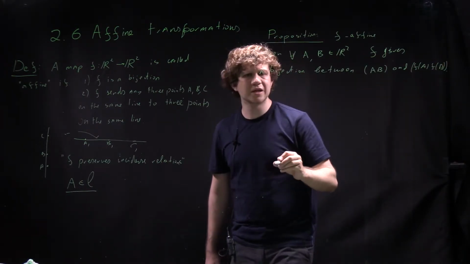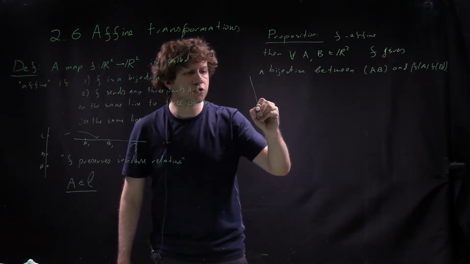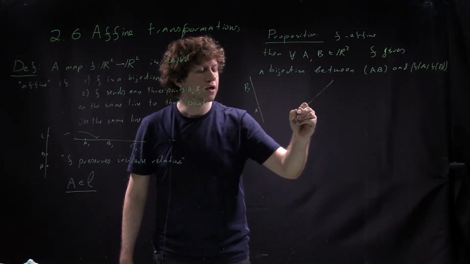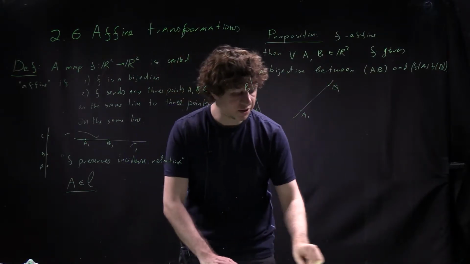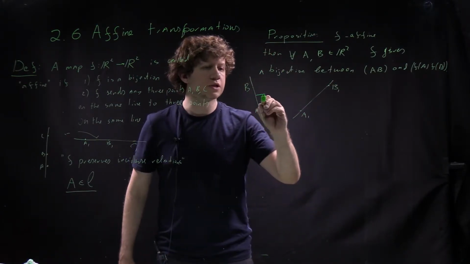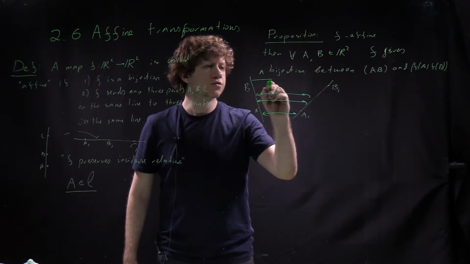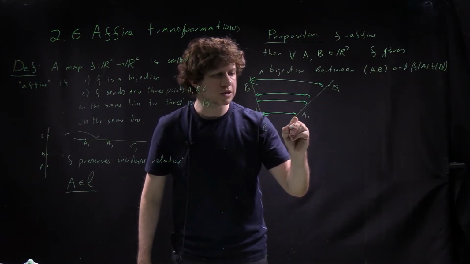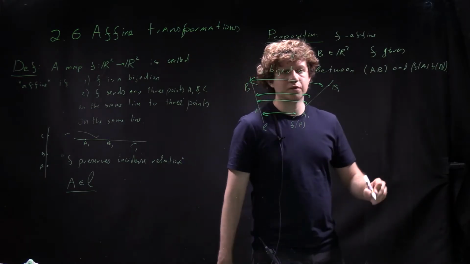That looks completely obvious, but let me explain how to rigorously get it. You take 2 points A and B, and the statement is that if they go to a certain pair of points A1, B1, then all points on this line will go bijectively to points of its image. In particular, if I call this line L, I can call the image line F of L. Okay, so let's prove it.